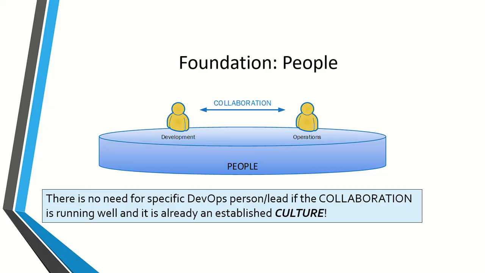I mentioned there is no need for a specific DevOps person. That means there is no need for a specific department. This is the very, very basic idea. If the people already know the responsibility, the boundary of the responsibility, and the responsibility of communicating back and forth, there is no need for a specific DevOps person.